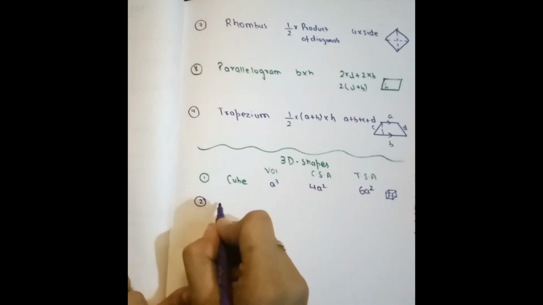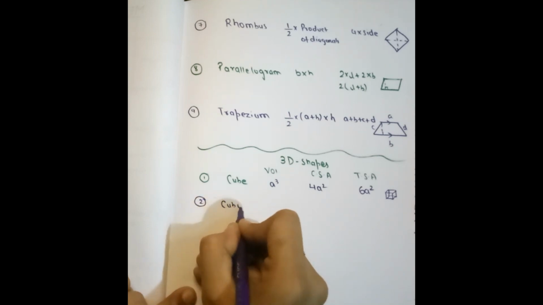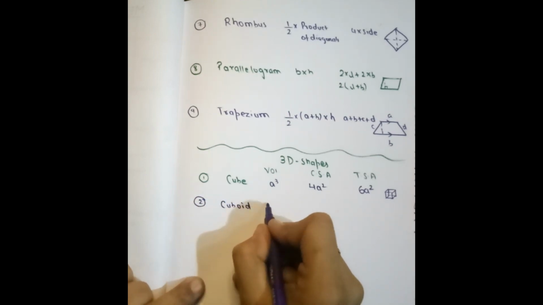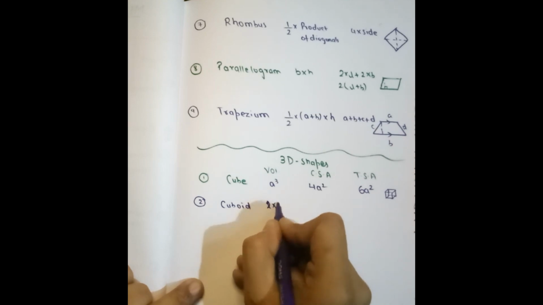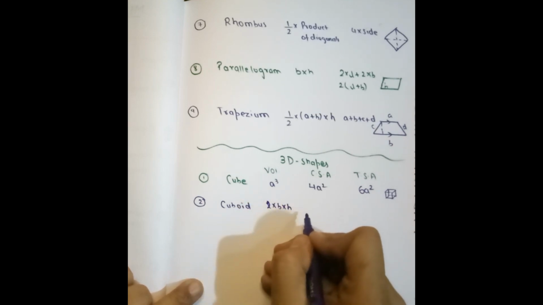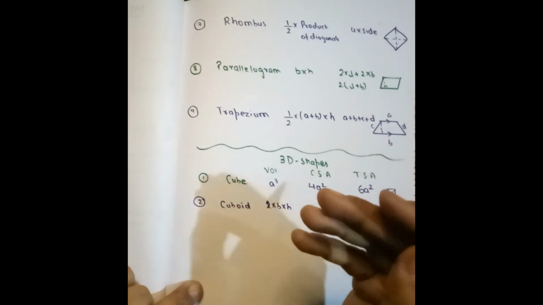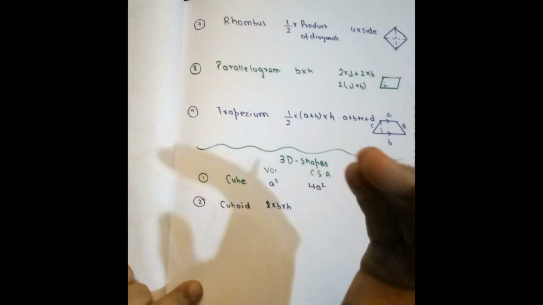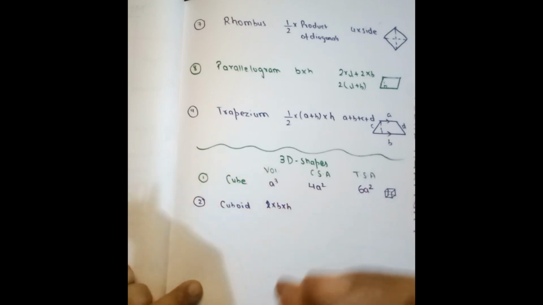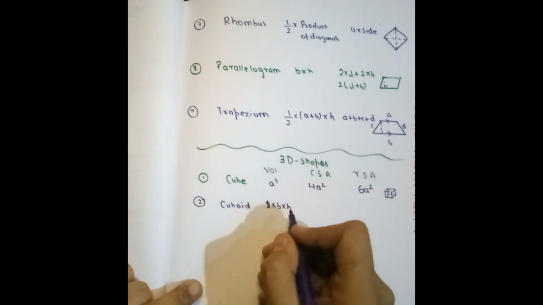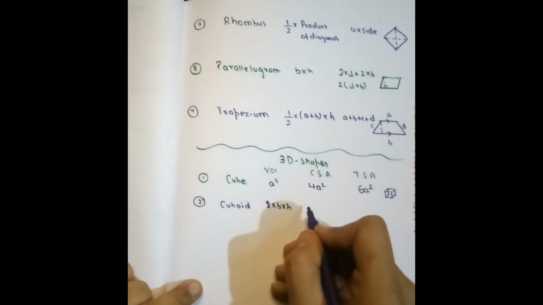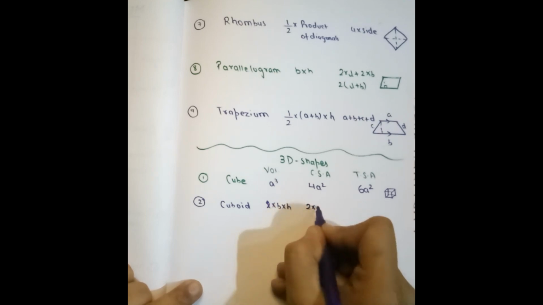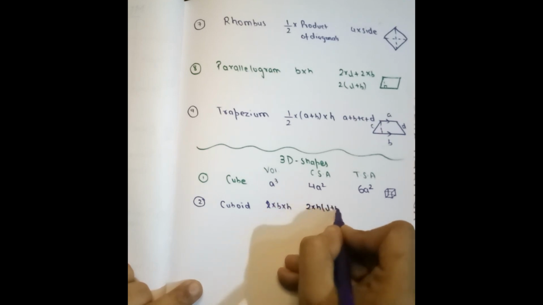Now next I'm going to cover cuboid. The volume of a cuboid is L into B into H, length into breadth into height. Of course, it is a 3-dimensional shape. The difference between 2D and 3D is that in 2D we have length and width only, but in 3D we have length, width and height. Next we have the curved surface area, and that is simply 2 times H, height, times (L plus B).